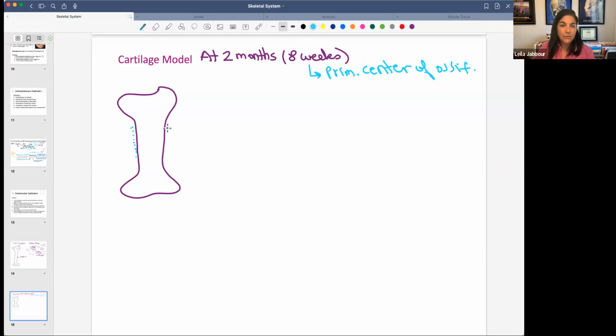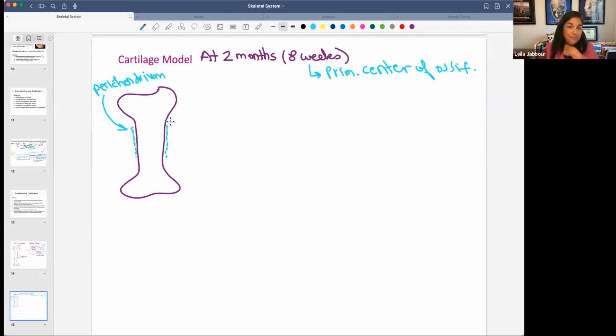So how does it start? It starts because we have perichondrium around the cartilage. There is this connective tissue called perichondrium. And perichondrium contains very immature cells that are going to turn into osteoblasts, which will help build bone.